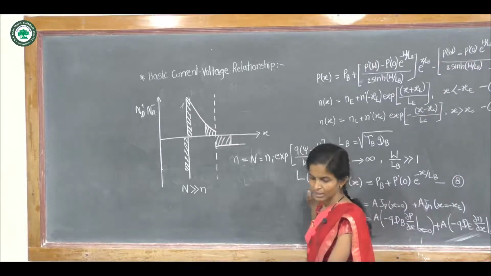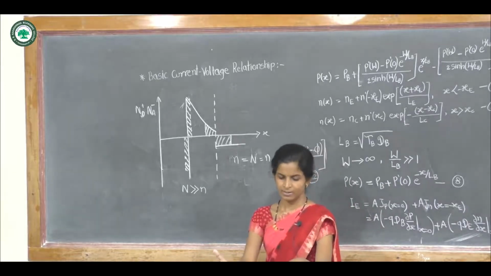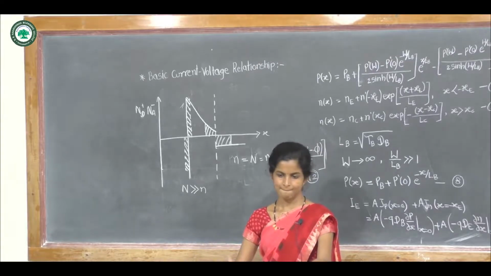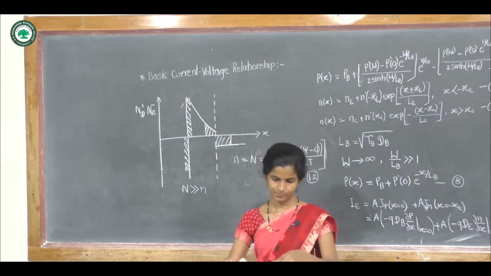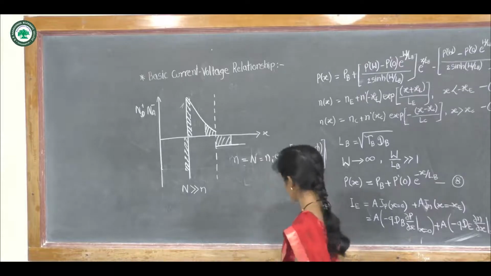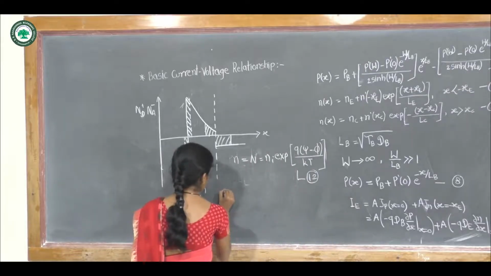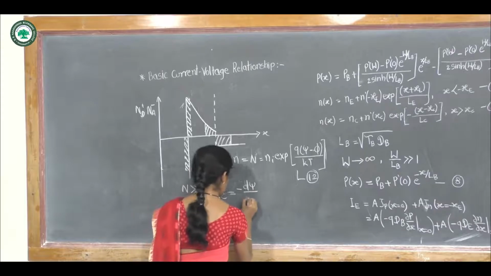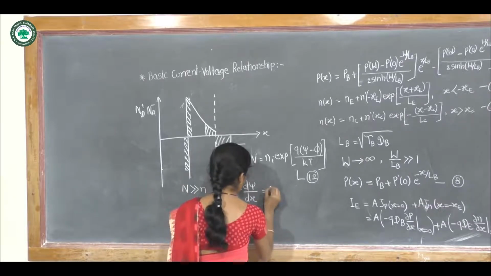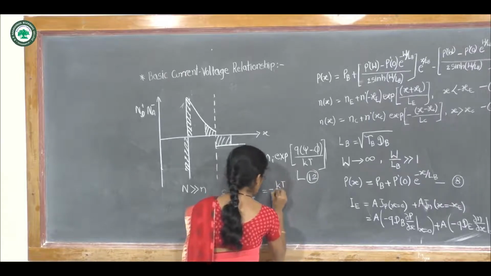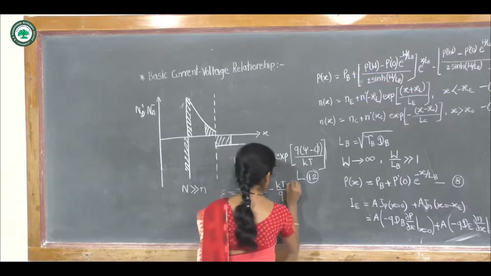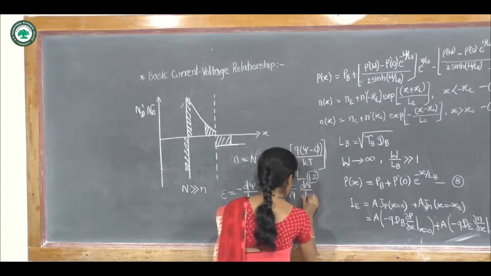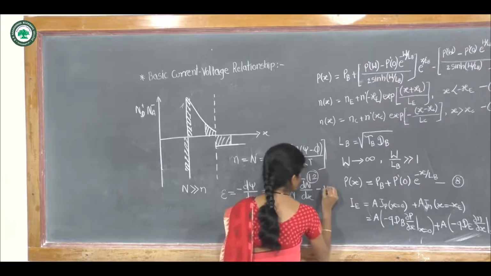From equation number 12 we obtain the built-in field, which is given by epsilon is equal to minus d psi upon dx, which is equal to minus kT upon q into 1 upon n into dn by dx. So this is equation number 13.